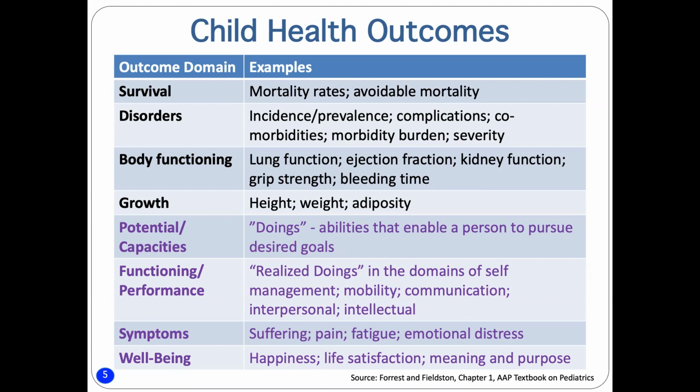Ed Diener's tripartite model of subjective well-being has negative affect as one of the components, positive affect as a second component, and evaluative well-being or life satisfaction as a third component.